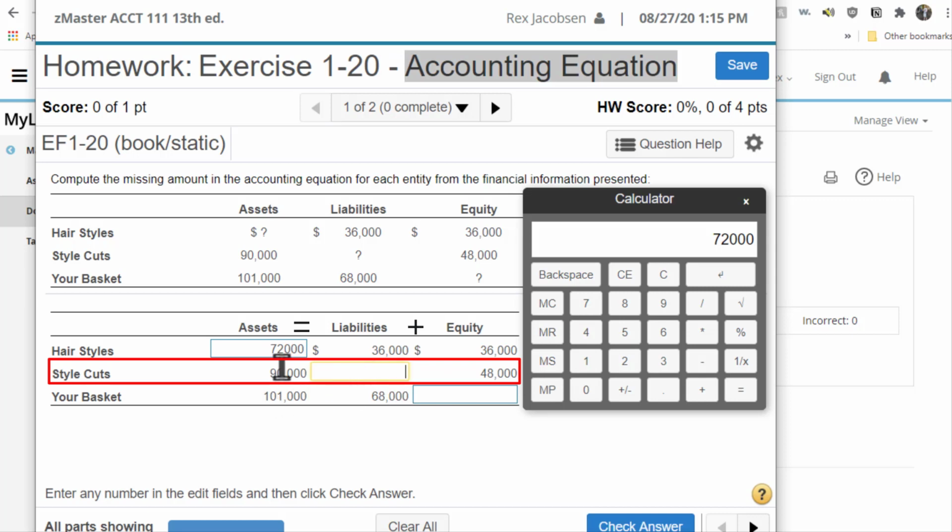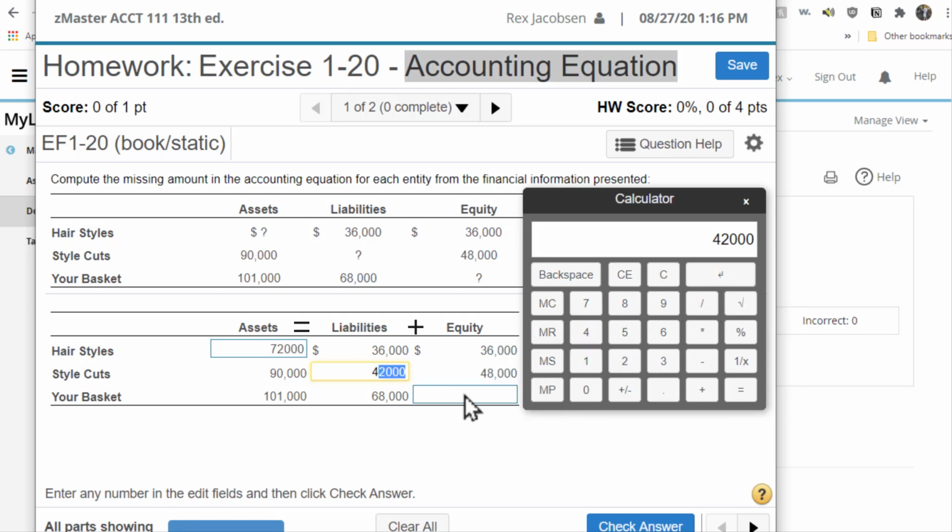To calculate that, you're going to take 90,000 minus 48,000, which gives us $42,000 of liabilities. I could type it in here, or again, I could have just clicked in this field and then hit this arrow.